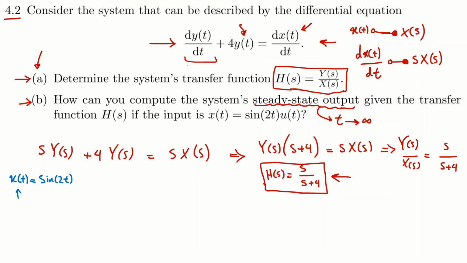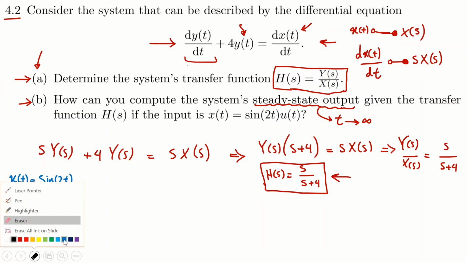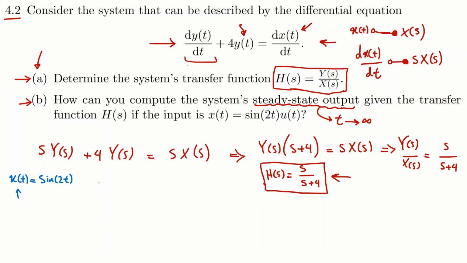Okay, so this is x(t). And what should we do? Well, because we're talking about LTI systems, all this chapter, in an LTI system, if you have a system here and the input is, say, sine of omega t, we have a property we call sine in, sine out.